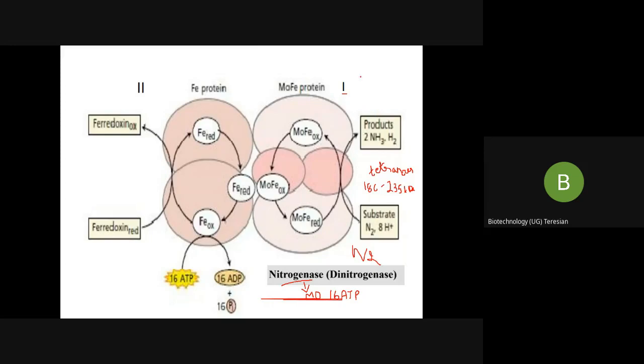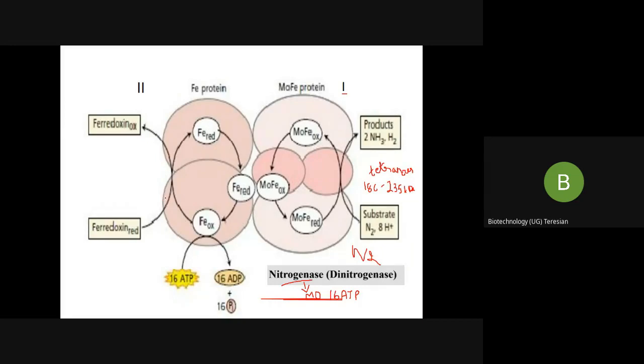The other one is known as the iron protein. It has a dinitrogen reductase activity. Remember this: this has a nitrogenase activity, whereas this has a reductase activity. We shall come to know later on how.